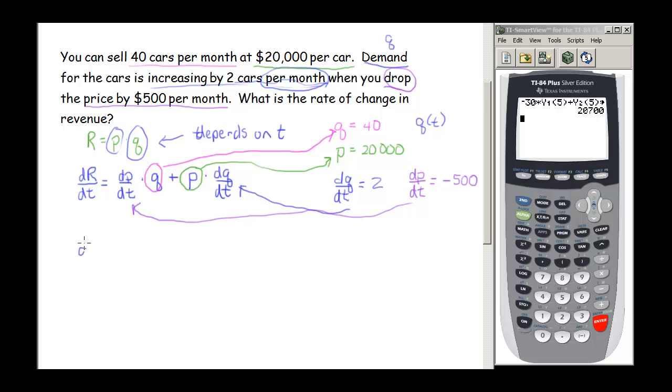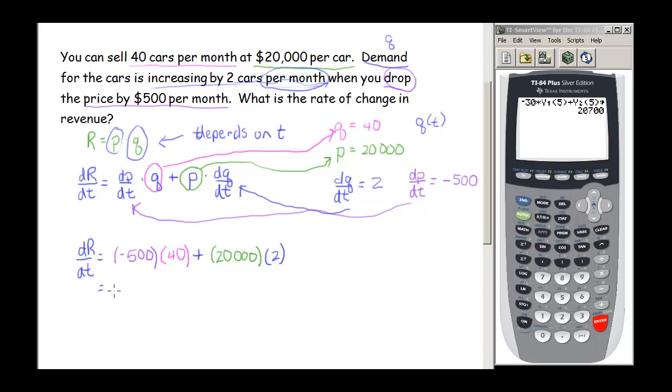So dr dt is going to equal, so we have dp dt, so that's the negative 500, times q, so q is the 40, plus we have our p, that is 20,000, times our dq dt, so that is 2.